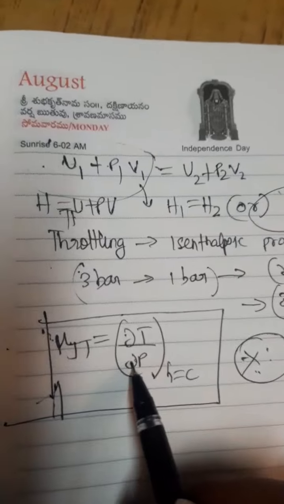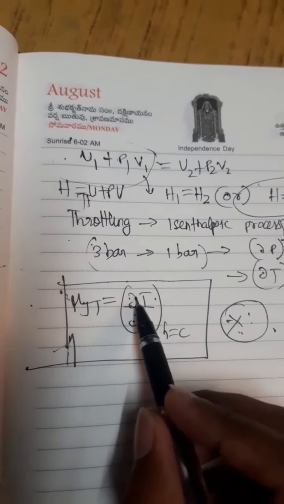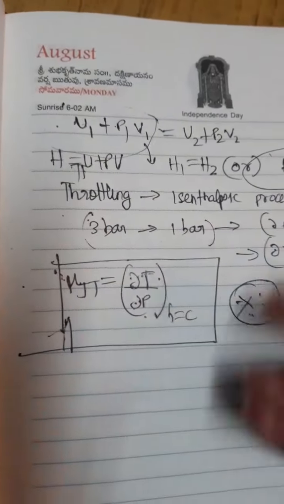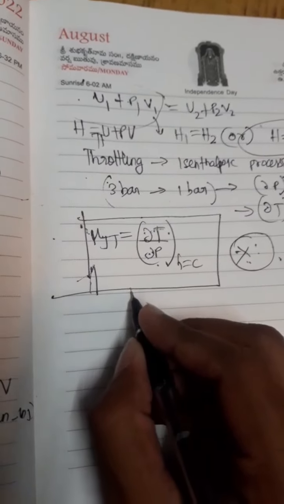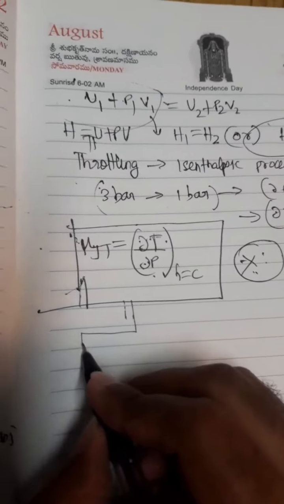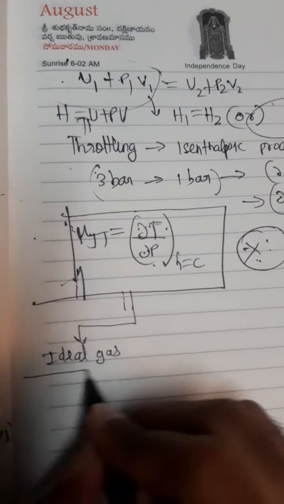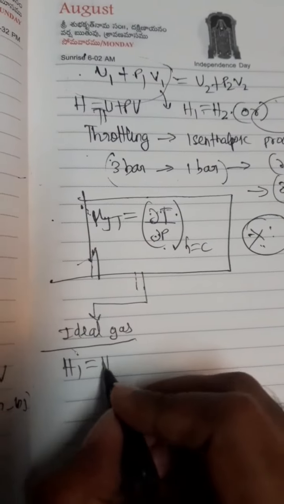By expanding, we get a drop in temperature, which produces a cooling effect. This is the Joule Thomson effect, or throttling process. Let us see the cases of the Joule Thomson coefficient for an ideal gas and a real gas. For an ideal gas, we already derived that enthalpy is constant, or in other words, H1 is equal to H2.